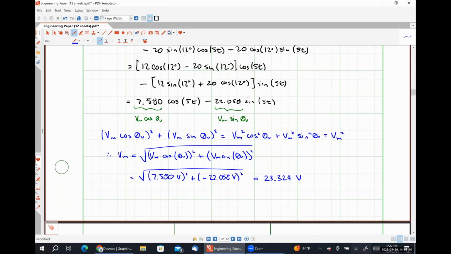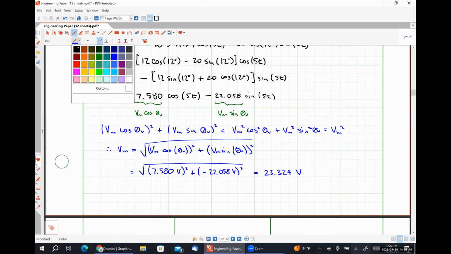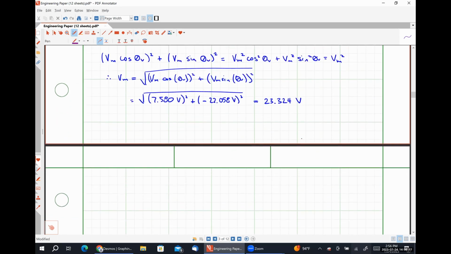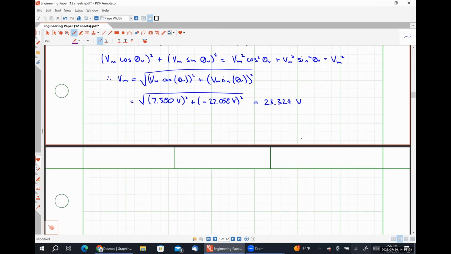Okay. To find my phase angle, let's do this in purple. So I know that the tangent of theta v should be equal to the sine of theta v divided by the cosine of theta v. And it shouldn't hurt anything if I put Vm out in front of both of these quantities, right? So tangent is sine over cosine, if my trig identities memory is working correctly.